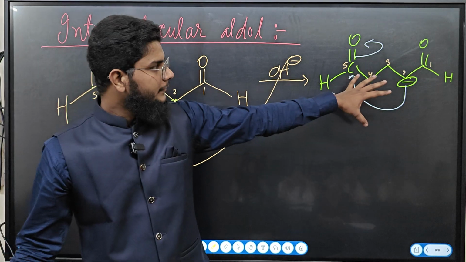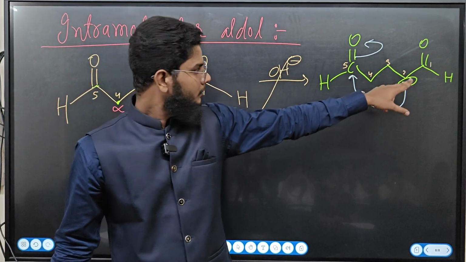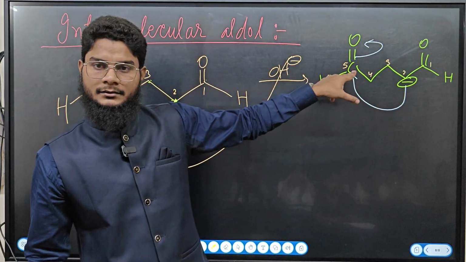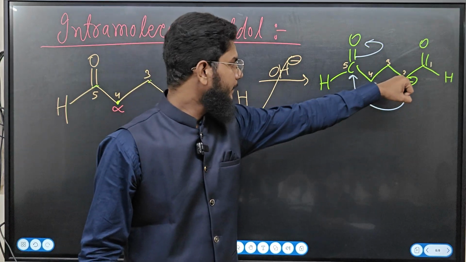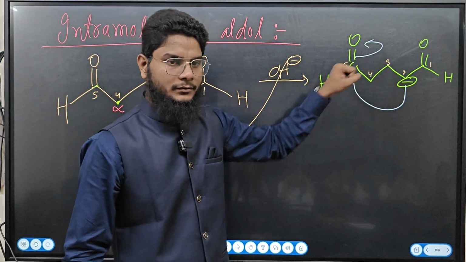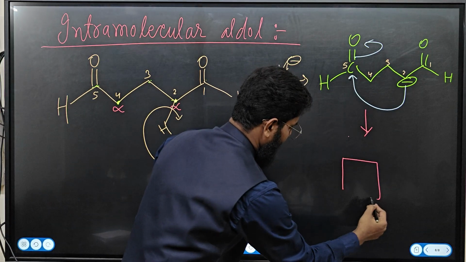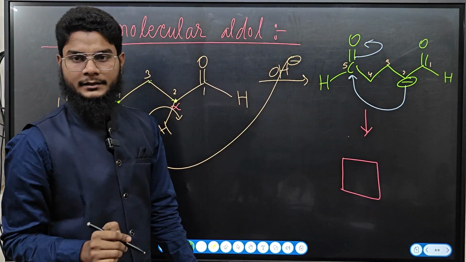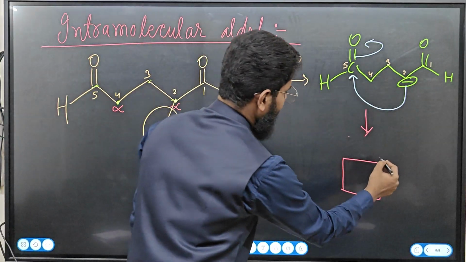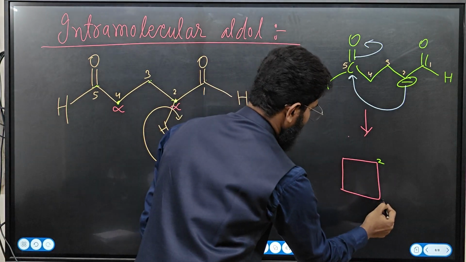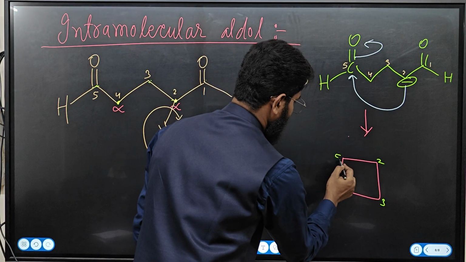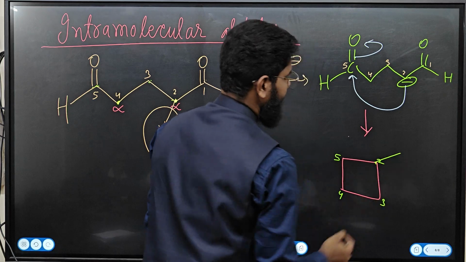So who is forming the ring? 2 is forming the ring with 5. How many members? 1, 2, 3, 4. So there is a 4-membered ring, and 2 and 5 are forming the ring, 2, 3, 4, 5, and 1 is outside.